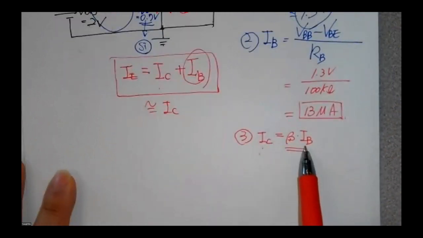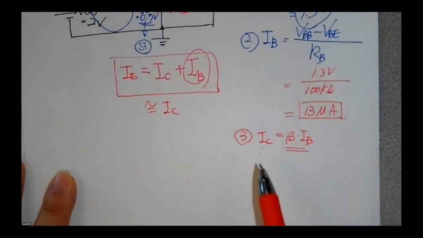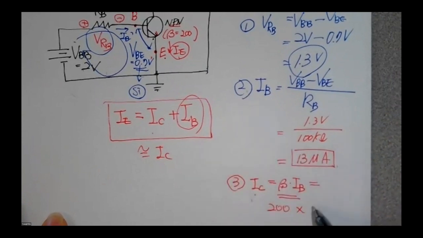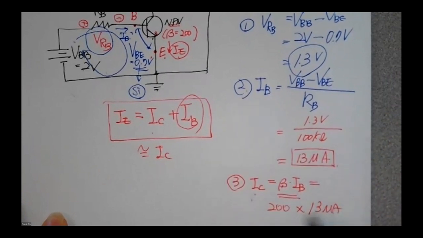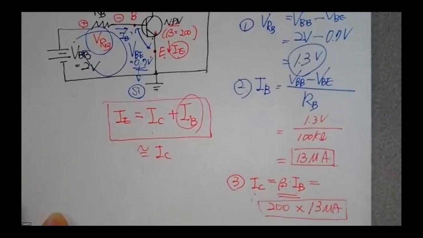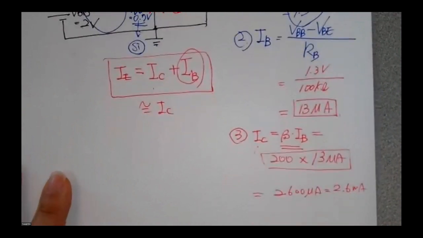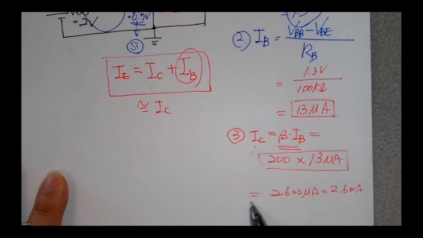And the I sub B, we have already calculated. So 200 multiply I sub B, 13 microamp here. So 2600 microamp, 2.6 milliamp. Okay, it's right there.